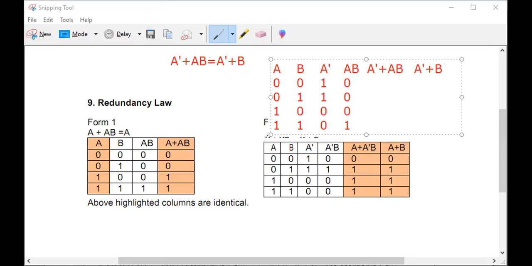Now A dash plus AB with the OR gate gives 1 1 0 1. A dash plus B with the OR gate gives the same. So this is also possible. Take it down. This is also called the redundancy law. Take it down also.